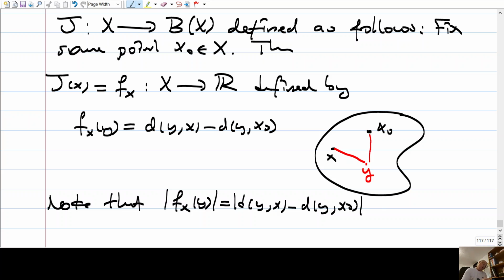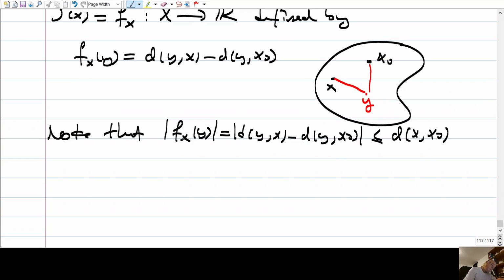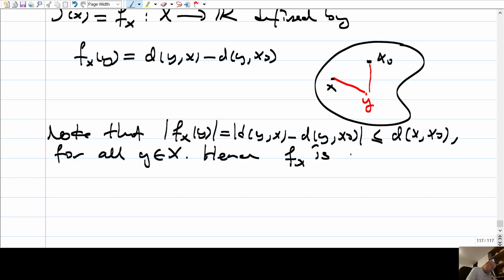Well, this is less than this real number, d(x,x0). This is basically the triangle inequality. This is true for all y in X. Therefore, the values of this function are less than or equal to this number, a fixed number. Hence, fx is a bounded function on X.